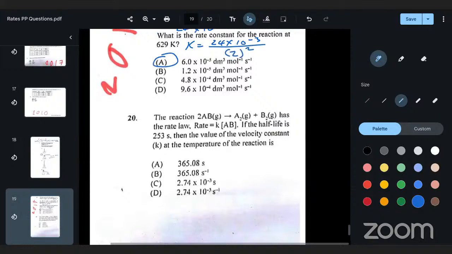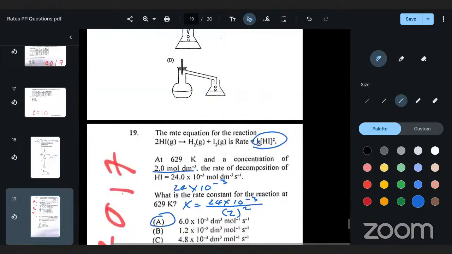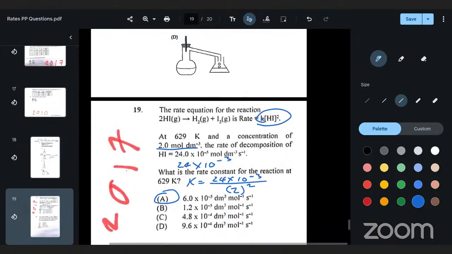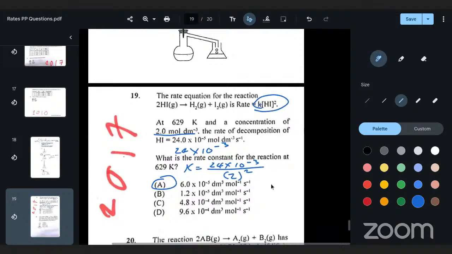And this again is a repeat. You see, this time when they repeat it, they change it with the units, s and s to the minus 1. Sir, for the one you did before, the 2 at the bottom is the order of reaction? Wait, hold on. No, the 2 is the concentration.